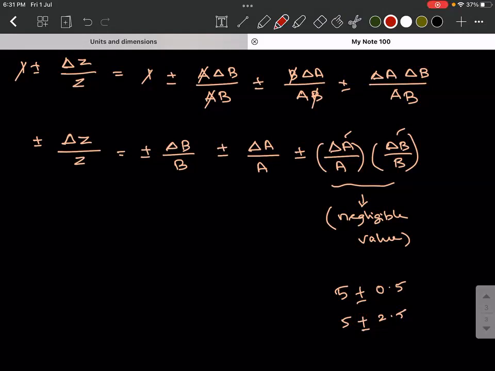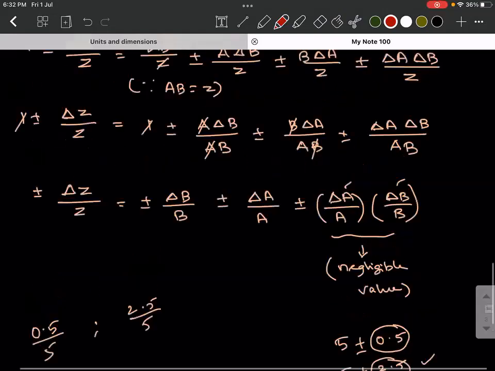Whereas in the second case, it is 5 plus or minus 2.5. So 0.5 divided by 5 compared to 2.5 divided by 5, which value is more? That value is going to be more, right? So what can you say? This has a lesser error compared to this one, which has almost 50% error.